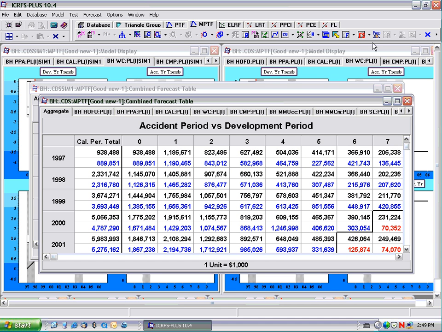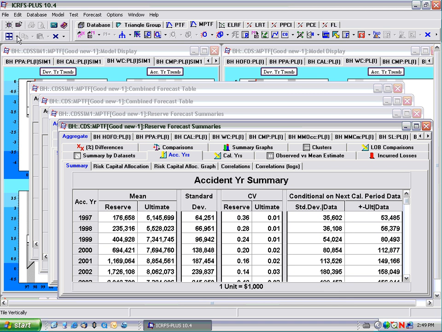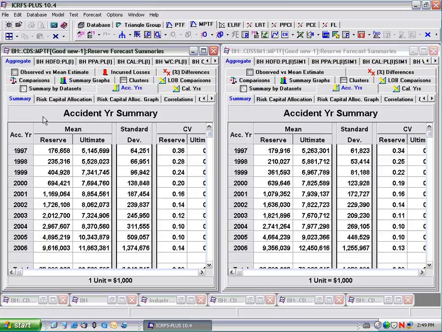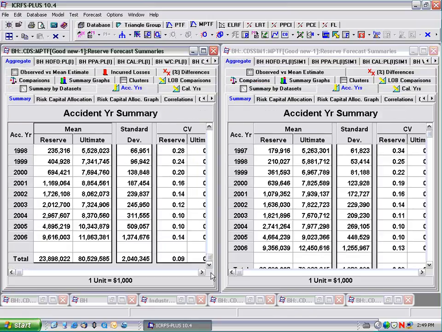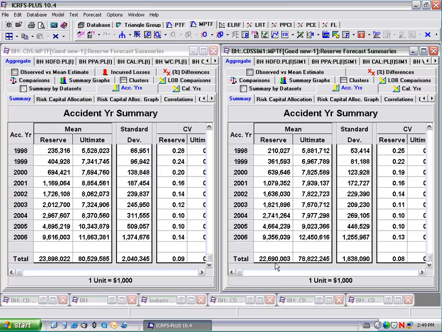And then we're going to check out the forecast summaries. And statistically, they should be the same. In other words, the model does replicate the features in the real data. So this is the real data, and this is the simulated one. 22.69 billion versus 23.89 billion. Coefficient of variation 8%, 9%.